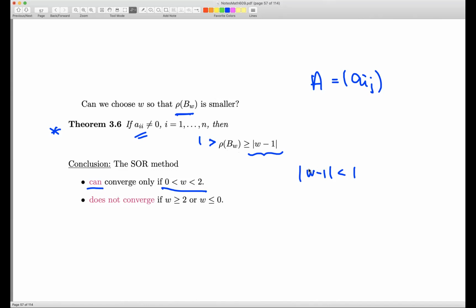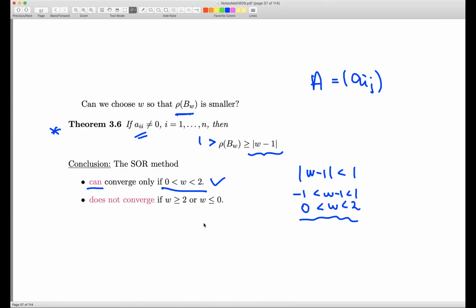And therefore, if we have convergence, the spectral radius will be less than 1, so we will have to have that the absolute value of omega minus 1 is less than 1, which means that omega minus 1 is between 1 and minus 1, which means that omega is less than 2 and is bigger than 0. And this is where we get this inequality that omega is between 0 and 2.